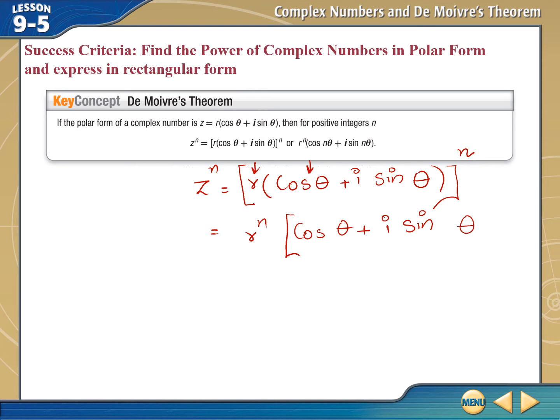Multiply the angles, that means the theta, with this power. It means you can write it as n theta, and over here also n theta, and this is how you have to work on this concept. So let's solve some examples and we will see how we can apply De Moivre's theorem over here.